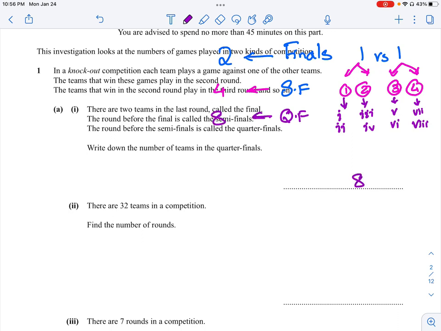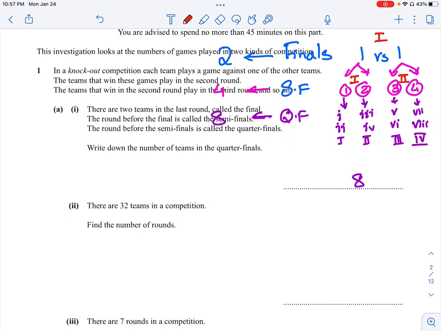So quarterfinal 1, quarterfinal 2, quarterfinal 3, quarterfinal 4 will give 4 teams which will play semi-final 1, semi-final 2, and there will be only one finals which will be played between 2 teams. So we can see the number of teams required in quarterfinals is 8 teams.